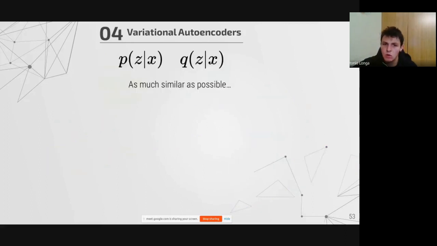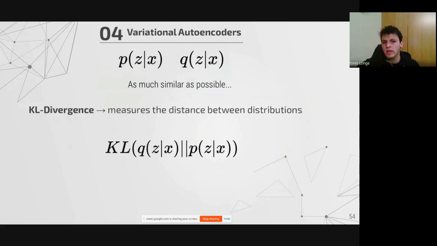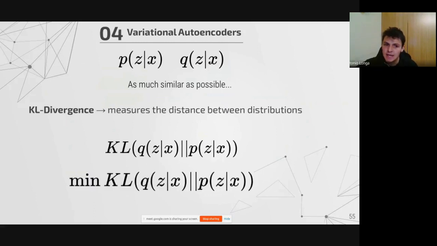So what we want is that p(z given x) and q(z given x) are as similar as possible. And what we can do here is use the KL divergence, which measures the distance between distributions. In particular, we want to minimize the KL divergence.